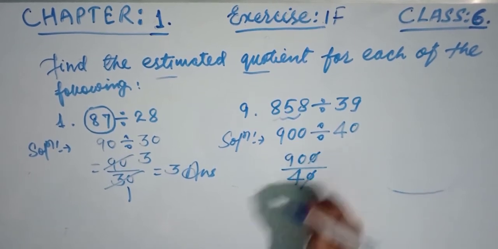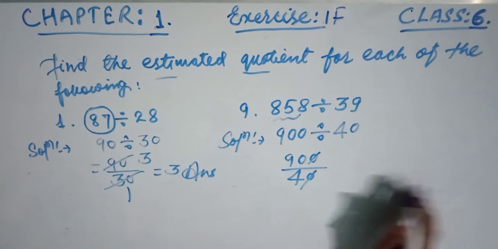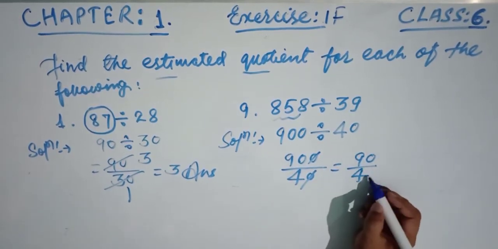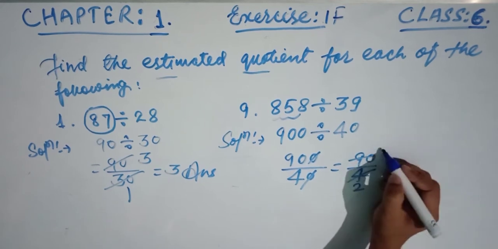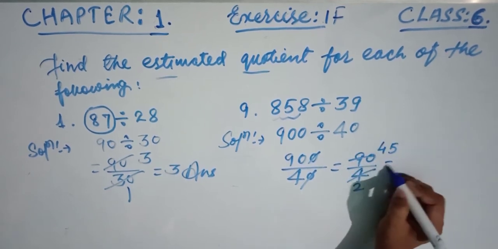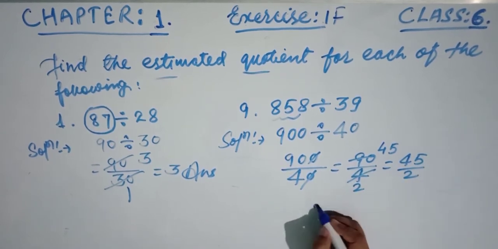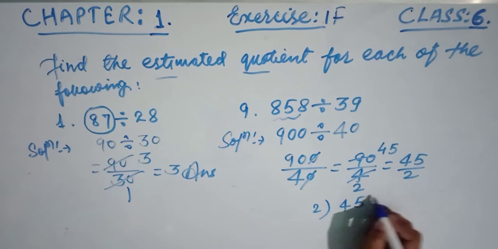So the 10s get cancelled, friends. Now divide: this is 90 divided by 4. 2 times 2 is 4, and 2 times 4 is 8, and 2 times 5 is 10. So 45 divided by 2, friends. Now divide: 2 times 2 is 4.